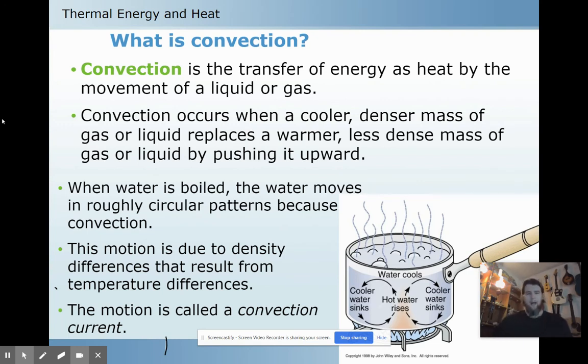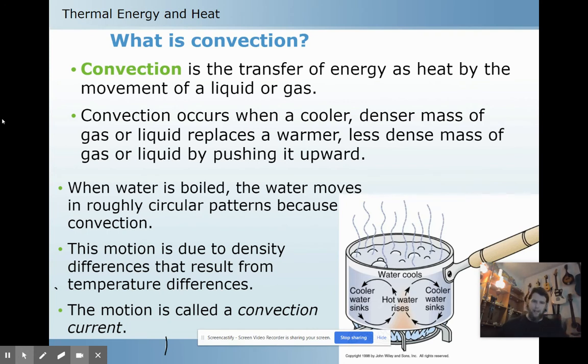If you look at the diagram here, the water at the bottom of that pot, which is very close to the flame, is going to be conduction because it's so close. It's going to take in that heat from the flame. Then it's going to become less dense, because those particles are vibrating so much, it lowers the density.